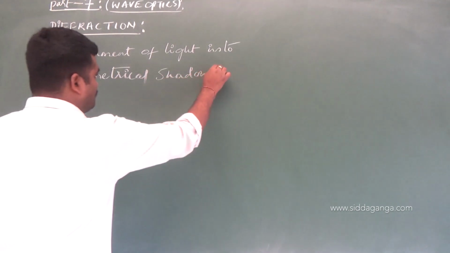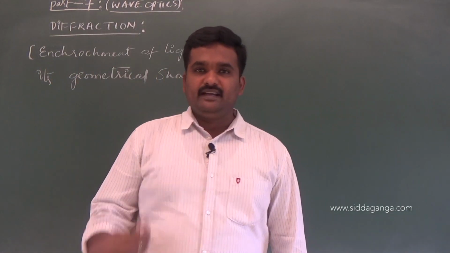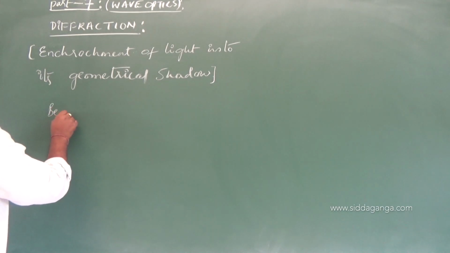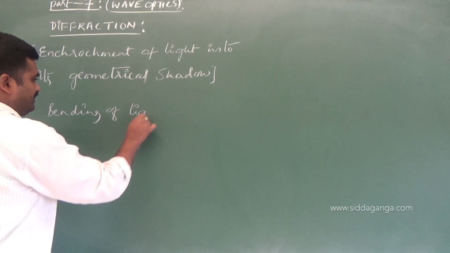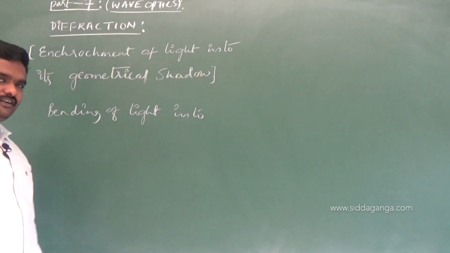Encroachment of light, or we can also say bending of light. Bending of light or encroachment of light, anything, one and the same. Bending of light into its geometrical shadow.